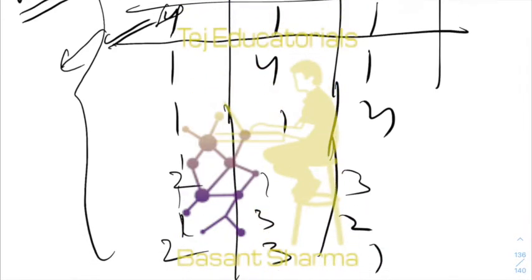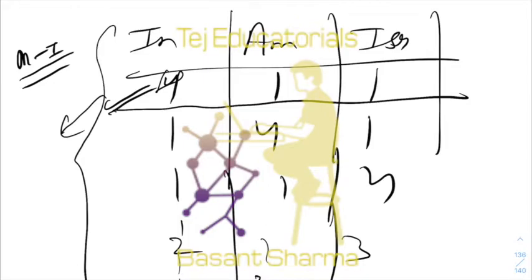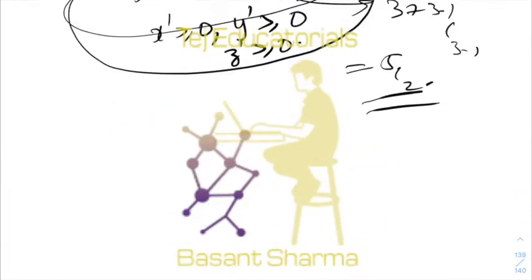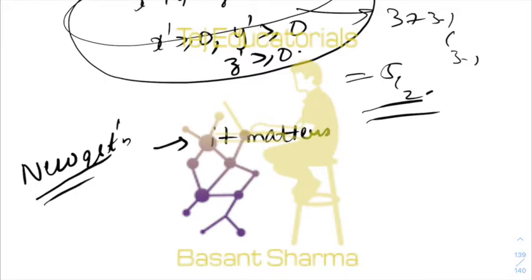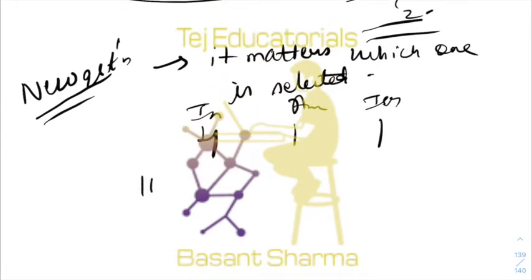We just said that a total of 4 Indians are selected, without ever bothering about which 4 Indians. So if you want to say it matters which Indians or Israeli or American is selected, then for the new question, for example for 4, 1, 1, if 4 Indians, 1 American and 1 Israeli are selected, then your solution would be 10C4 × 8C1 × 6C1.